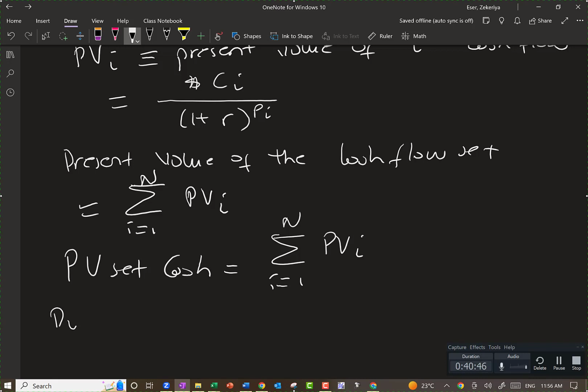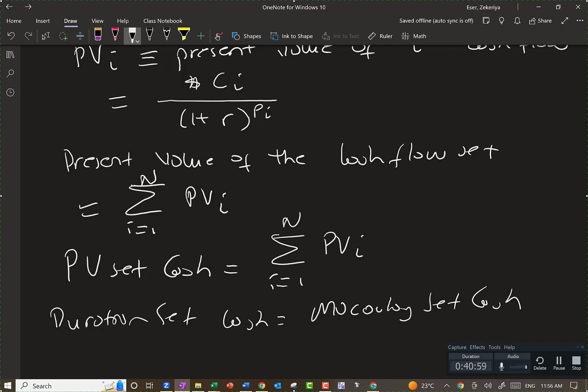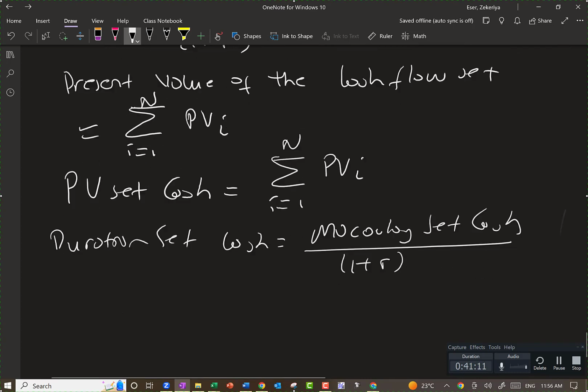For duration set cash, it's going to be Macaulay duration of set cash divided by 1 plus R. That's it.